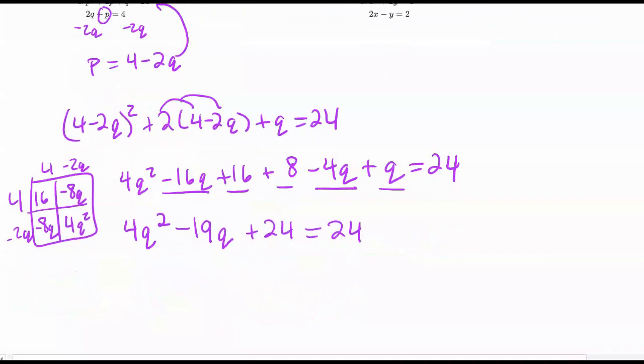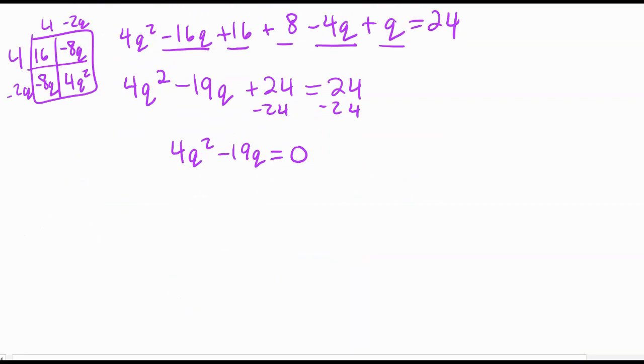And now I'm going to be solving this one. So I'm going to be subtracting 24 from both sides. I just get 4Q squared minus 19Q equals 0. And so when I solve this, I need to find the greatest common factor, and this is going to be Q. So I got Q times (4Q minus 19).